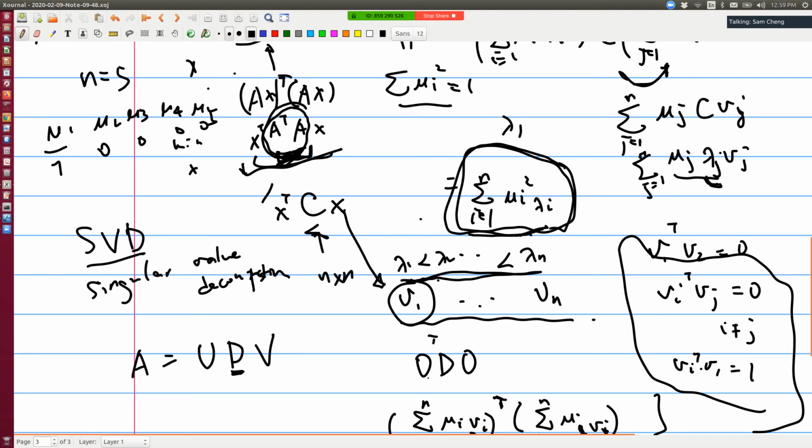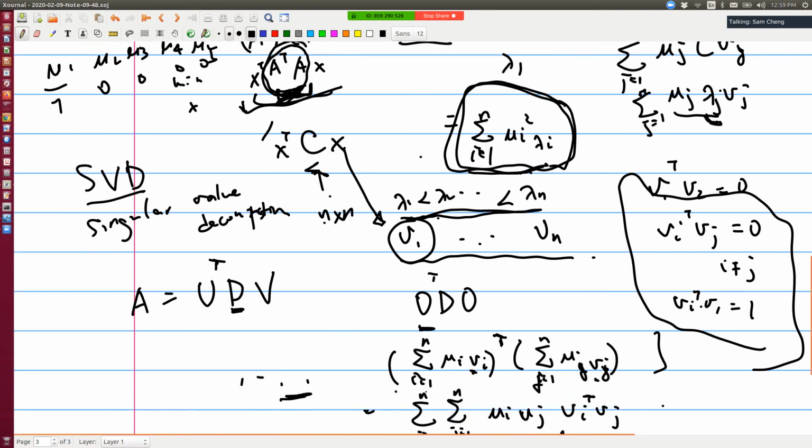So U transpose U is equal to identity, V transpose V equal to identity, stuff like that.